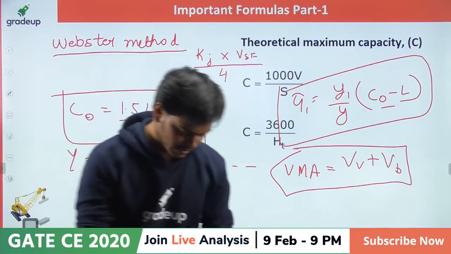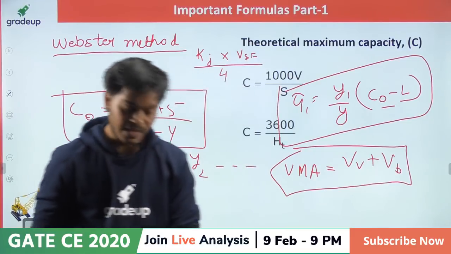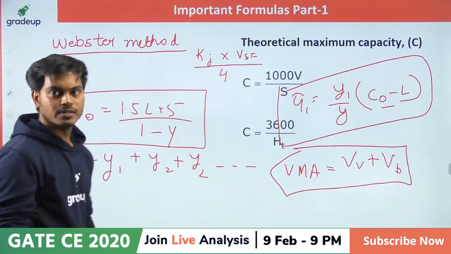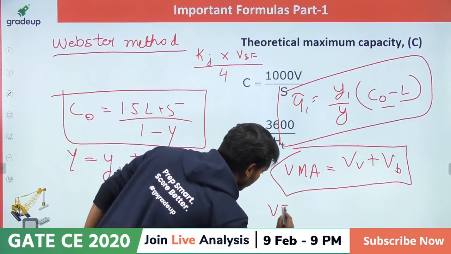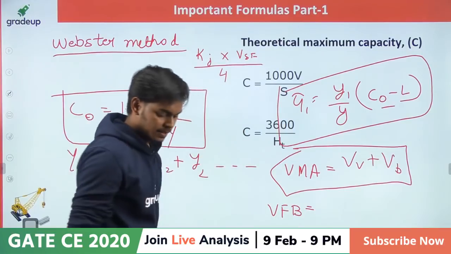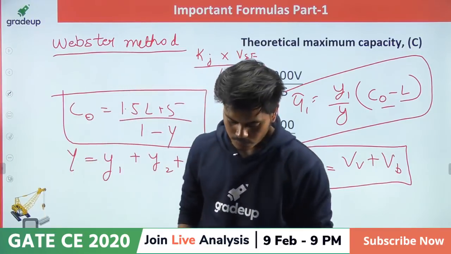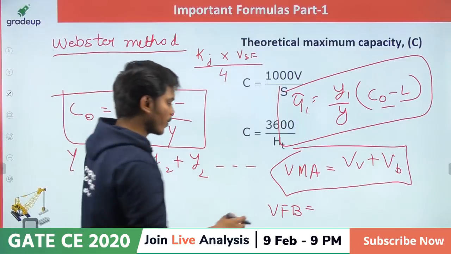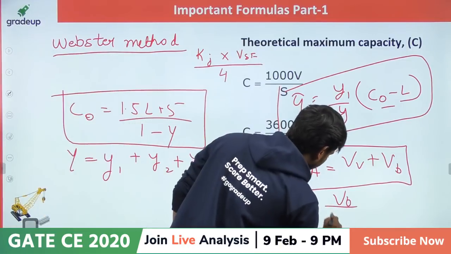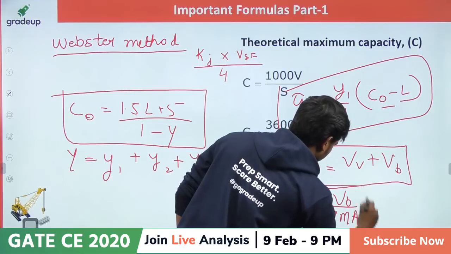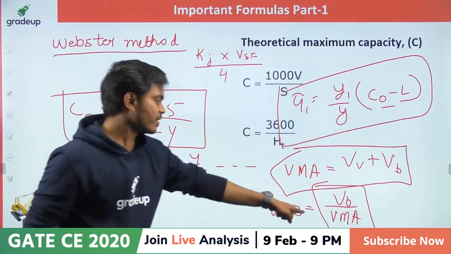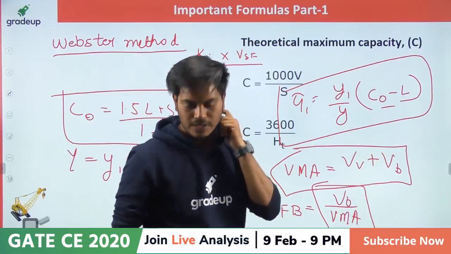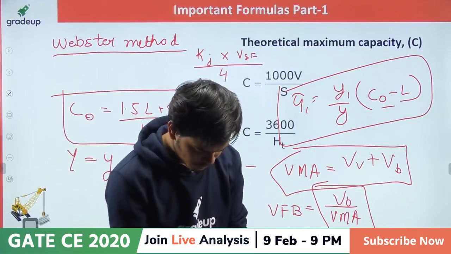Again, one of the important things. And VFB, voids filled with bitumen, is VB upon VMA. And VMA we know is VV plus VB. So we can put the value here and you will be able to get all the values.